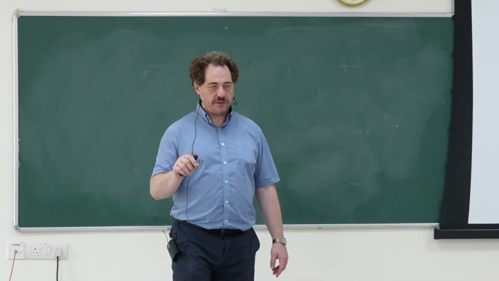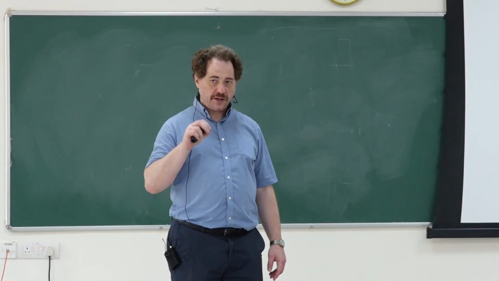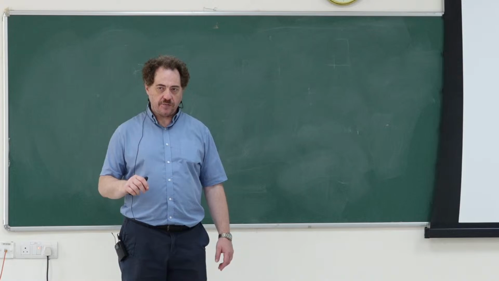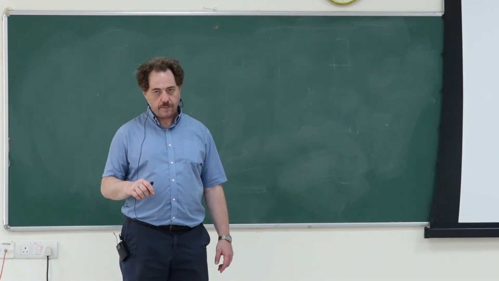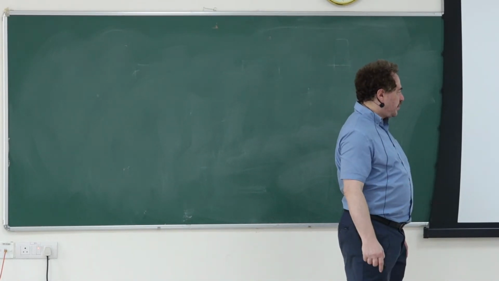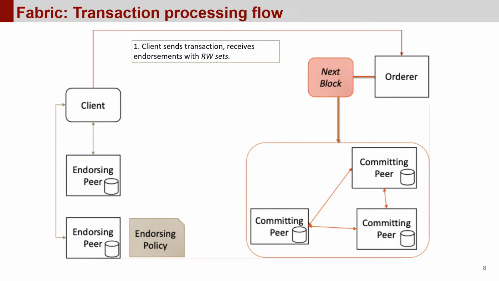The read set for a transaction is the list of data items which would be accessed for reading, and the write set is the list of data items which would be accessed for updating. These two sets are produced by the endorsing peers, and they are sent back to the client, and also signed, of course, so the client should not be able to tamper. As the next step, the client sends the endorsed transaction along with the RW sets to the orderer.